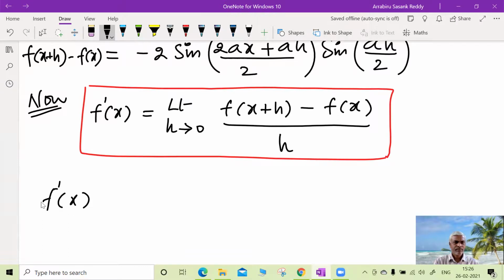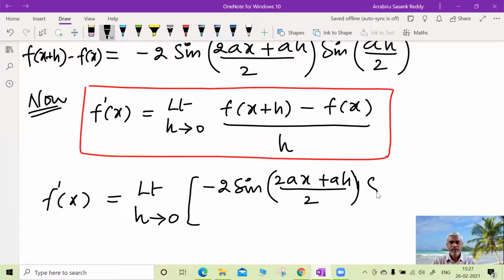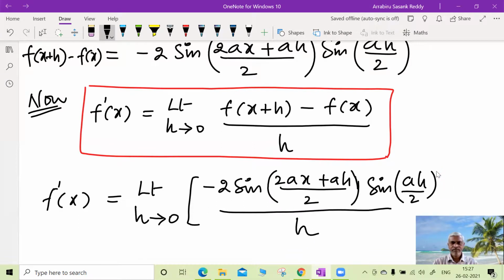F dash x is limit h tends to 0 of minus 2 sin of 2ax plus ah by 2, and sin ah by 2, by h.